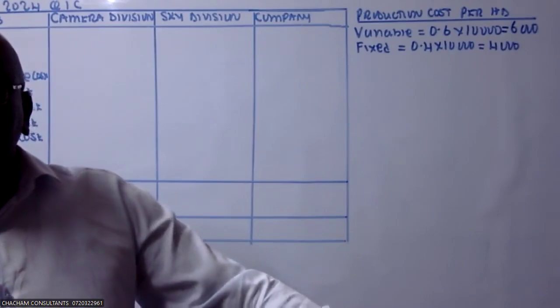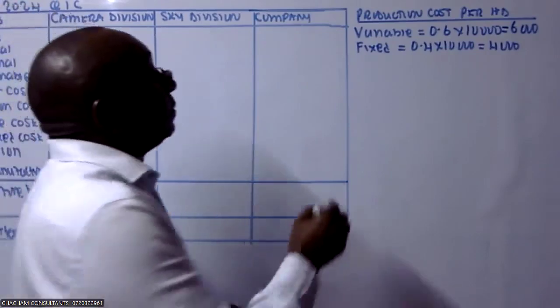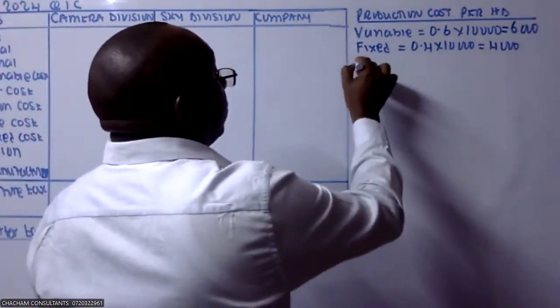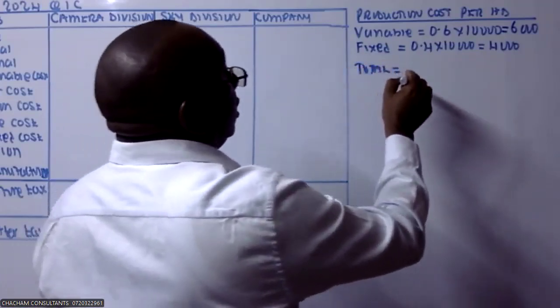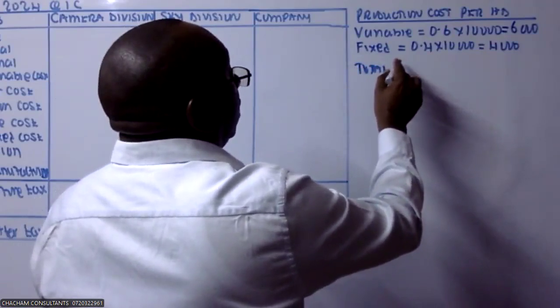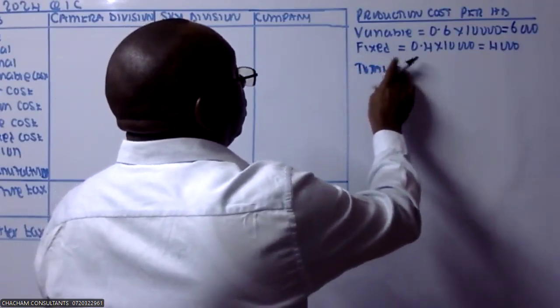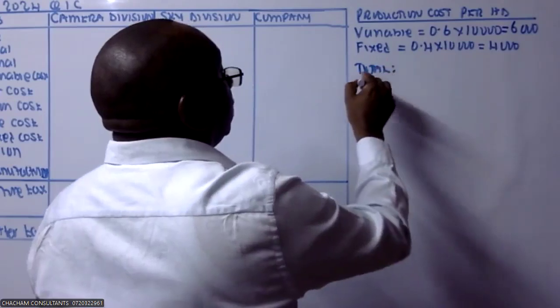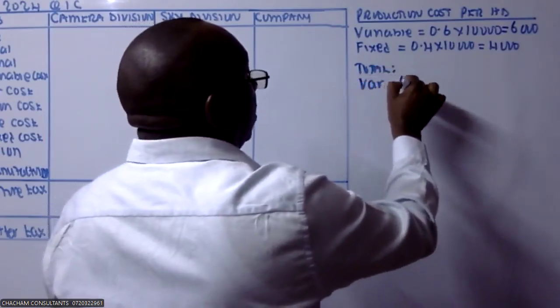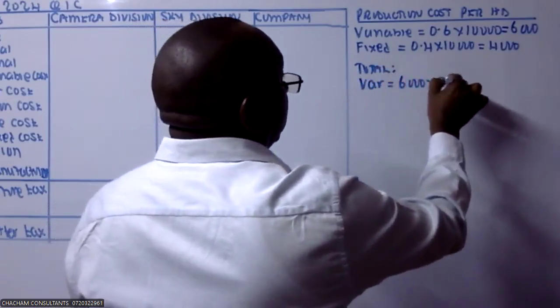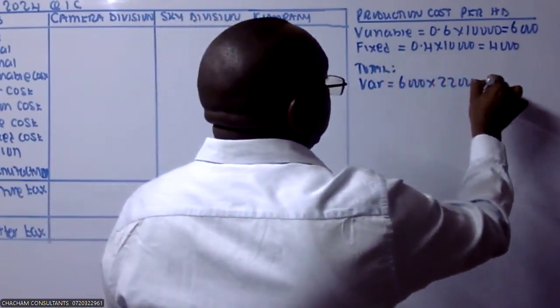So the total will be, let's start with the variable. So the variable will be the 6,000 times 22,000.